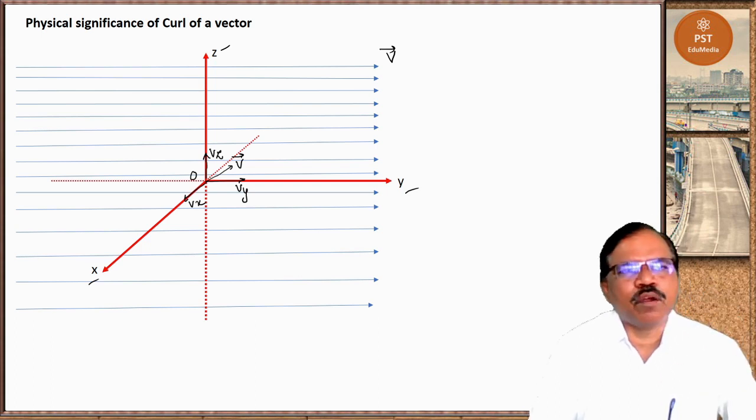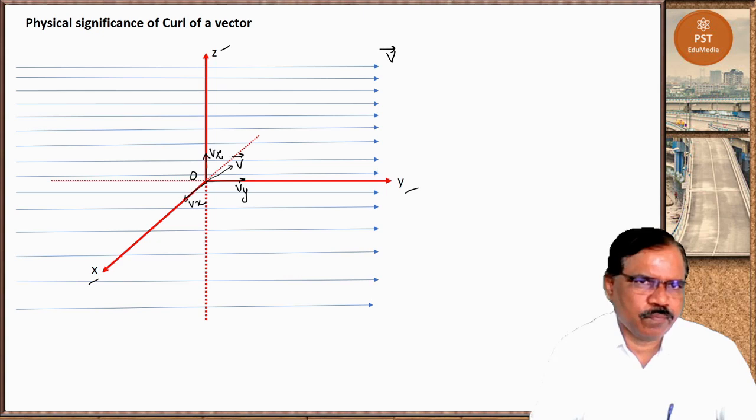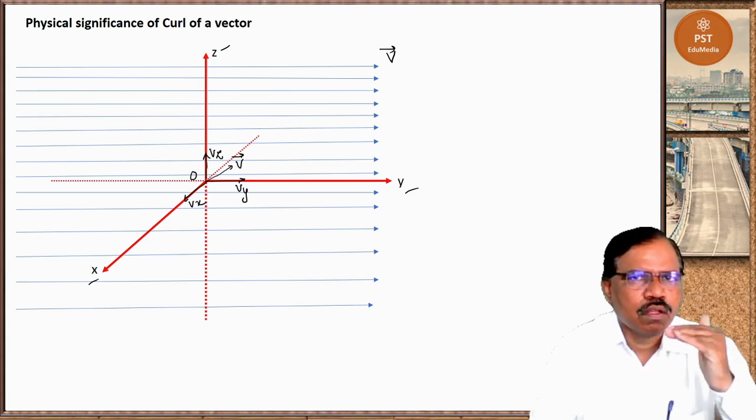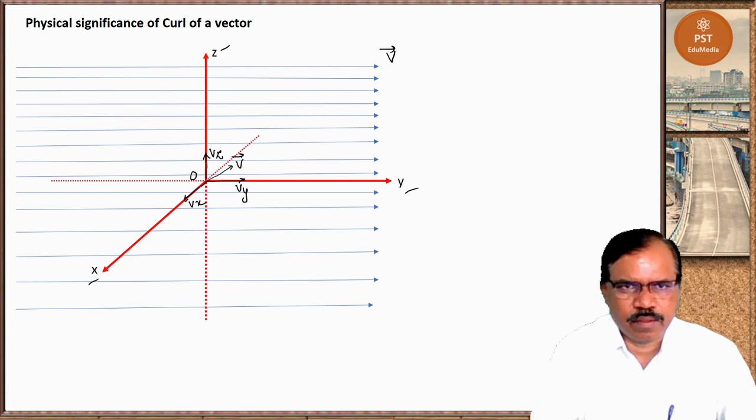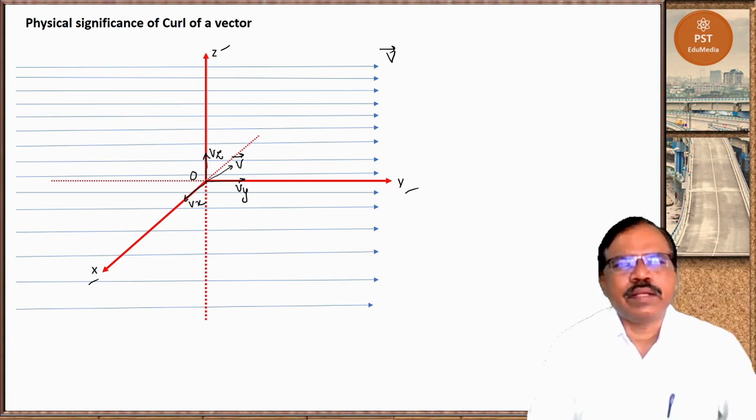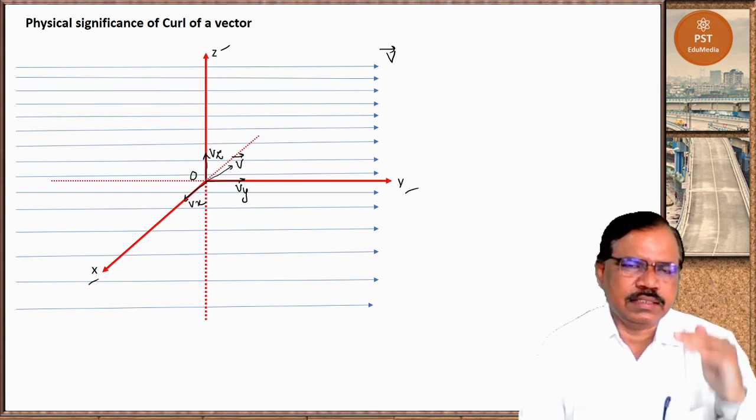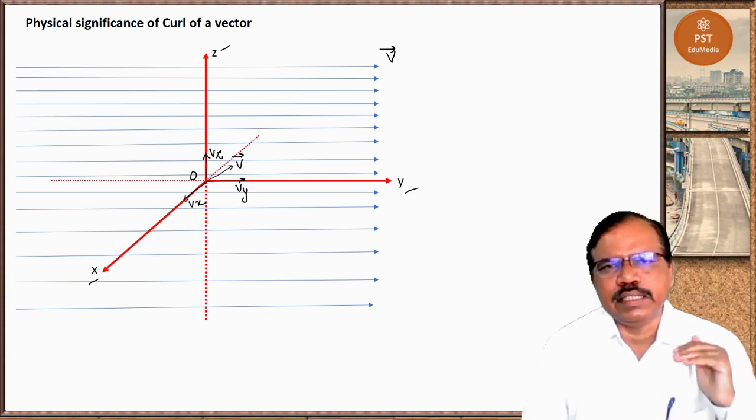As we go away from the center, since the field is non-uniform, the magnitude of the vector field will go on changing. I have taken one direction along which it is increasing and opposite to that it is decreasing.